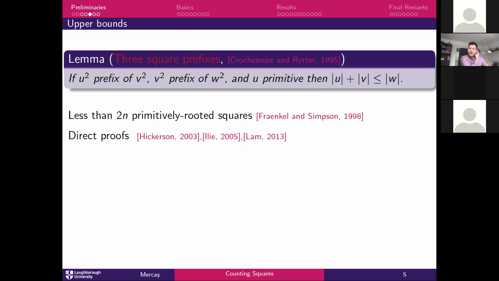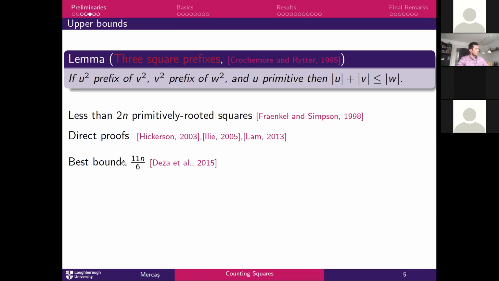Then there are some direct proofs by Ilie, by Hickerson, and by Lam. These ones are earlier. This is a bit late and was done, I think, in a master thesis or something. And these are kind of direct proofs that use kind of the synchronization idea. And Hickerson actually just looks at the symbol that is falling on some position.